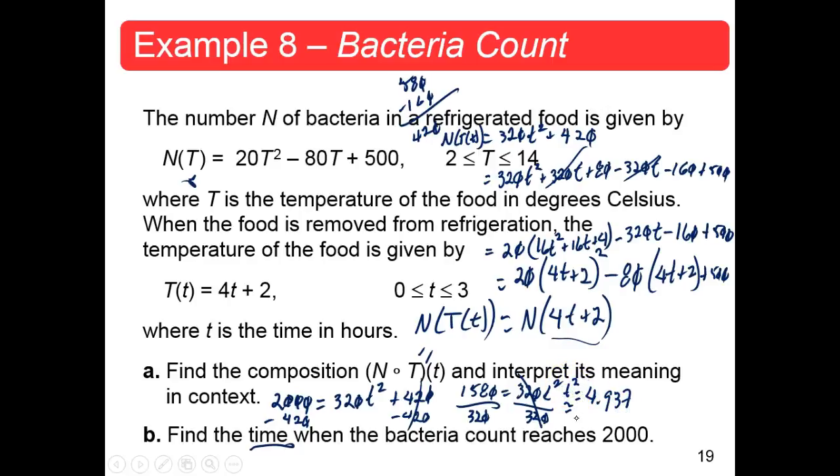I don't really care what the square of t is. I want to know time. So how do we get that? Take the square root of 4.937. And what does that give you? 2 point. Someone do it already? 2.3 or so, something like that. 2.22 hours.